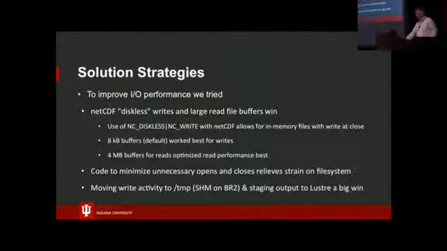So we tried a couple of strategies to deal with the number of I/O calls that we were seeing. One of them was simply to go into the Fortran code, find out where these excessive opens and closes were happening outside of calls to the NetCDF library, which have their own opens and closes, and basically say, okay, if a file's already open, just leave it open unless it really has to be closed.